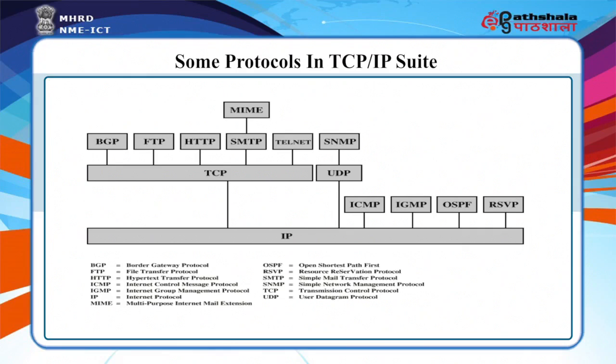Then SMTP is the Simple Mail Transfer Protocol, and POP3 also is there, which is not mentioned here. SNMP is the Simple Network Management Protocol. If your device is to be managed remotely from some location, I will take an example. You have a Xerox machine where an IP can be given, and it can be switched on or switched off. So you need an application protocol in that machine, a Xerox machine or refrigerator.